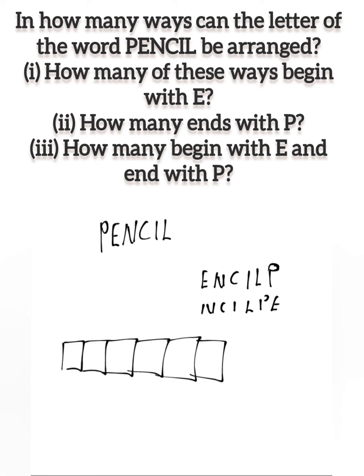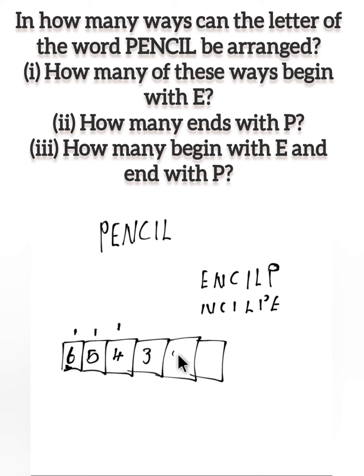Now the next step, since we have 6 alphabets, any of these 6 alphabets can appear in the first box. So we assume that one of the alphabets is here already. So the second slot can take any of the other 5. Since 1 is here already, the next slot can carry any of the other 4, then any of the other 3.